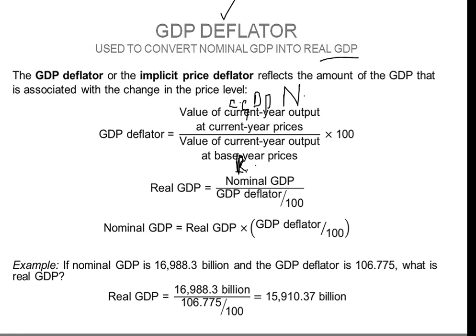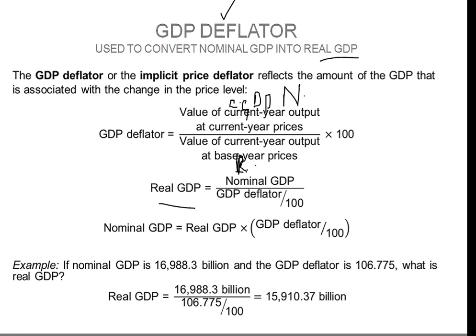In this formula we can get real GDP by dividing nominal GDP by the GDP deflator divided by 100. So nominal GDP is equal to real GDP multiplied by GDP deflator divided by 100.